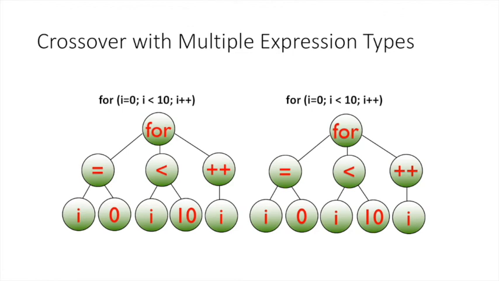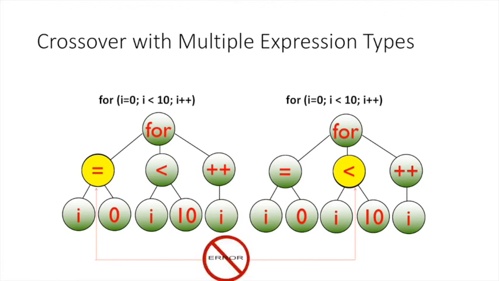Then we can randomly swap subtrees. However, this is not the case when a program contains multiple data types or contains expressions that have very different roles. For example, if we cross 2 trees corresponding to the 2 for loops, problems can arise.